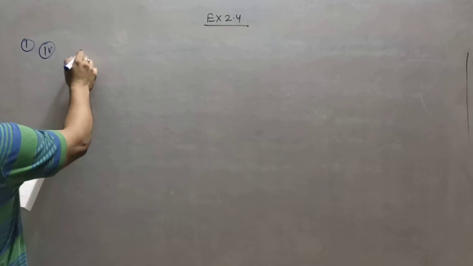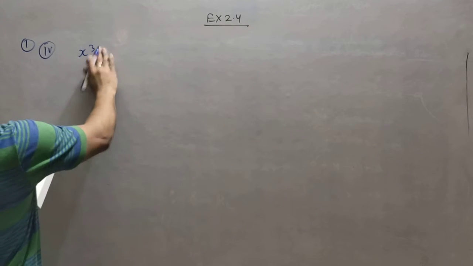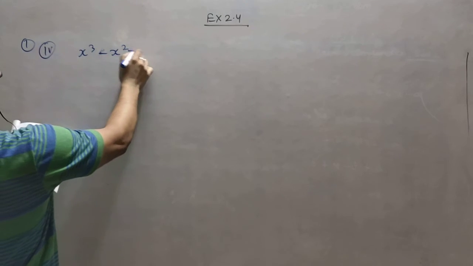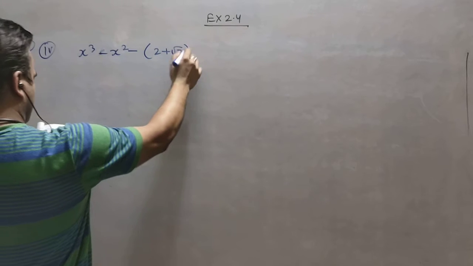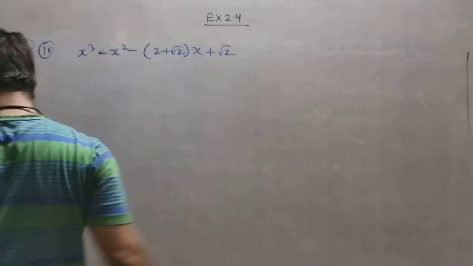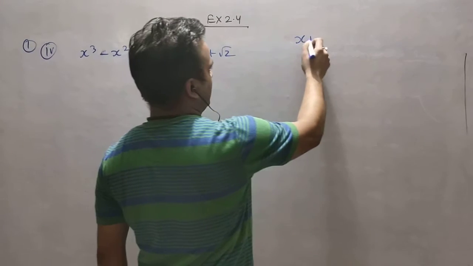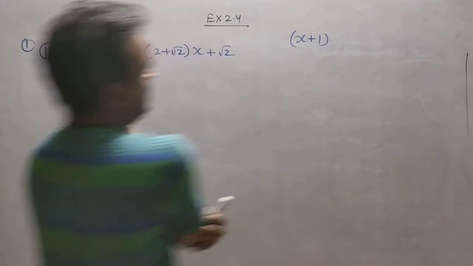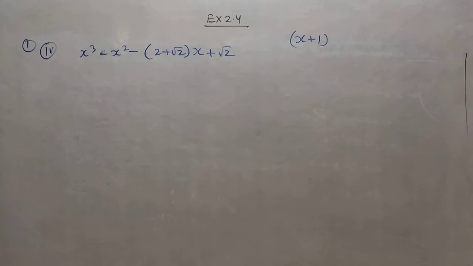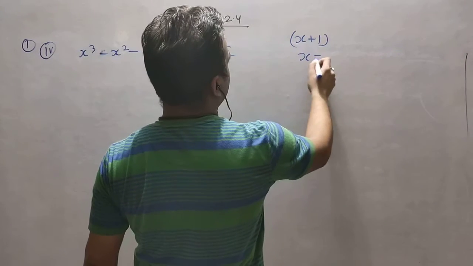Now, it is x cube minus x square minus (2 plus root 2) x plus root 2. Again, we will check for x plus 1. The divisor is the same, but we cannot say right now that it is a factor. The factor will be decided by the remainder only.